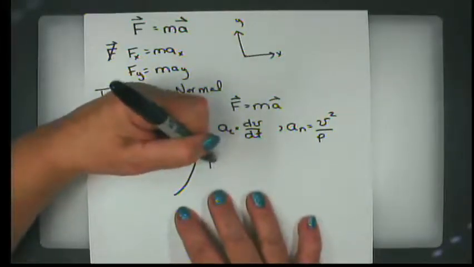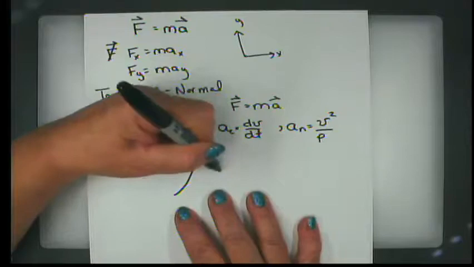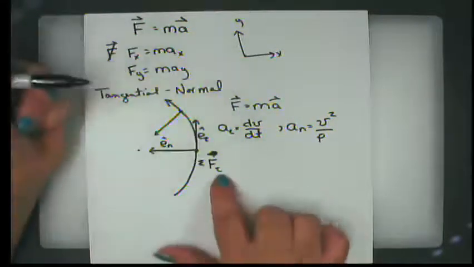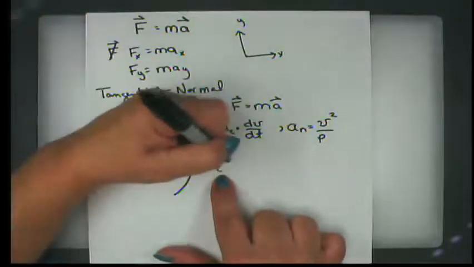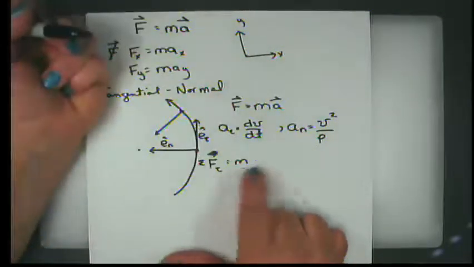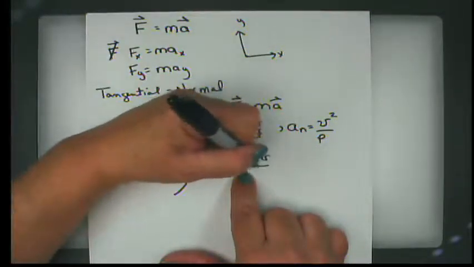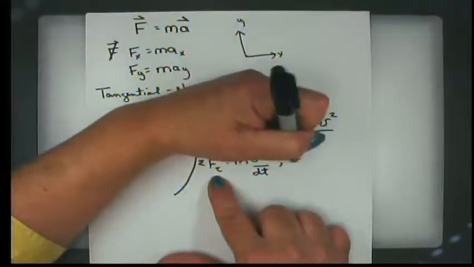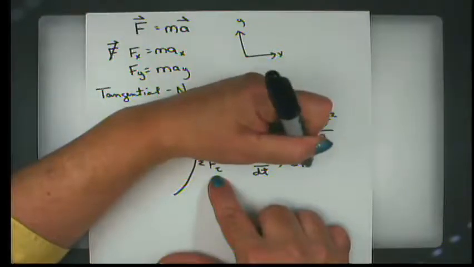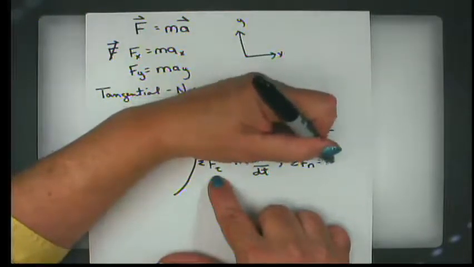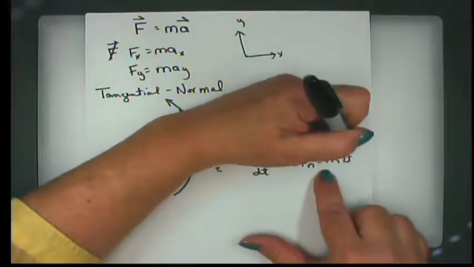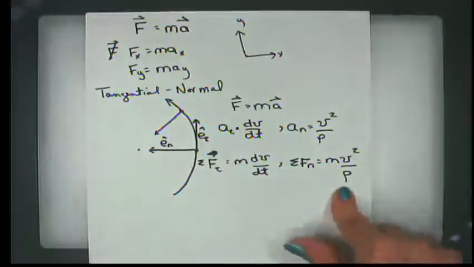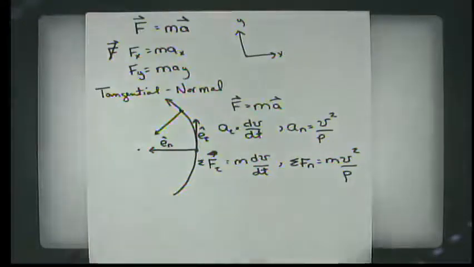We can then say that the sum of forces in the tangential direction, since we've already defined the direction, is equal to the mass times the acceleration in the tangential direction, and that the summation of forces in the normal direction will be equal to mass times the acceleration in the normal direction, which is v squared over rho.